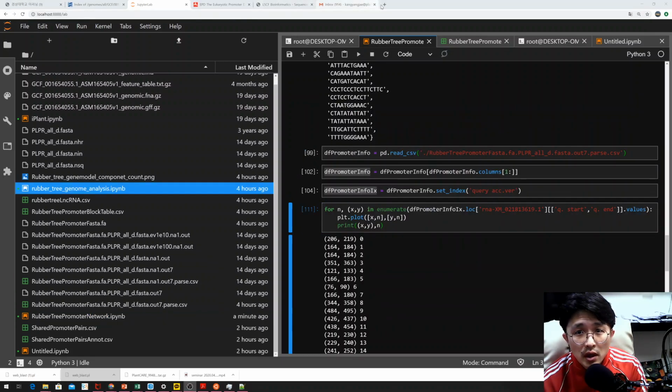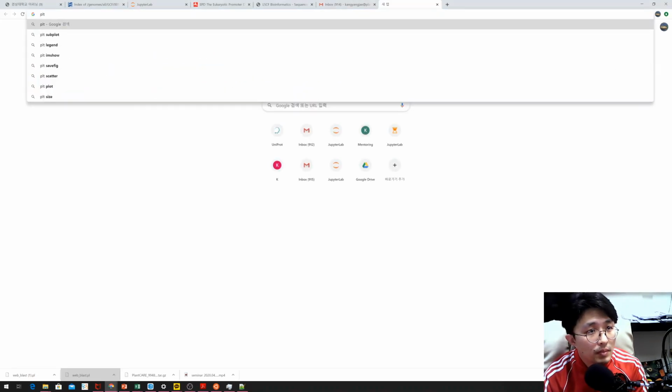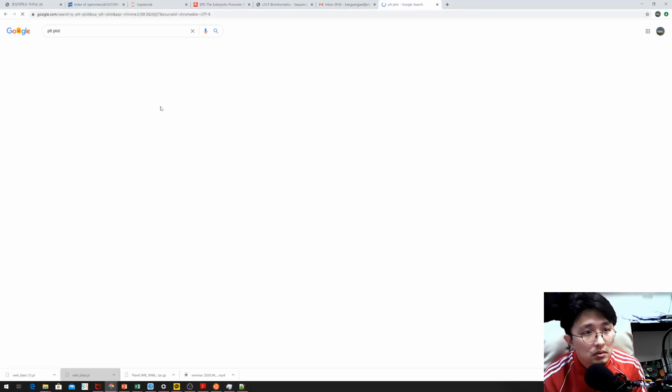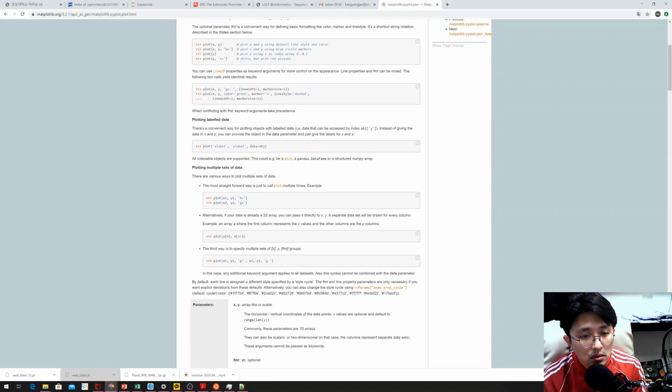I think I need to check the documentation of matplotlib plot. So x1 and y1. So this is x1 and this is y1. x1 to y2.